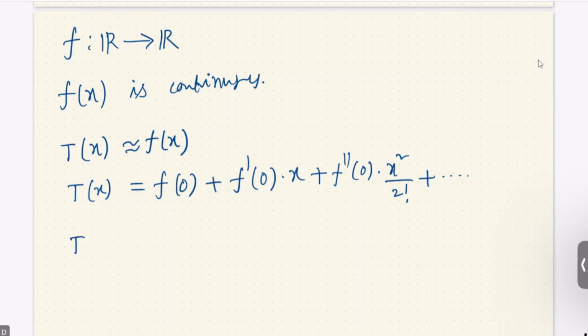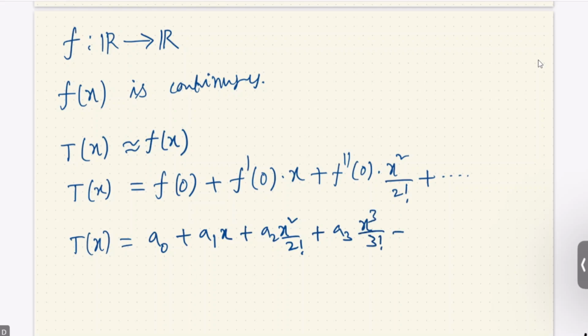Now, if I collect all those Taylor series functions, t of x in general, I write a zero plus a one x plus a two x square by 2 factorial plus a three x cube by 3 factorial, and so on. Now everything else is the same.